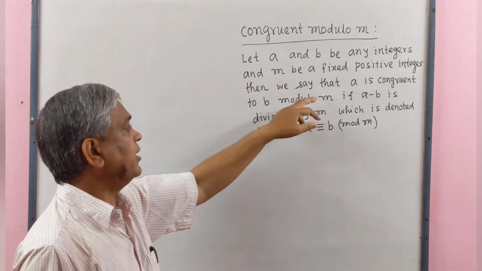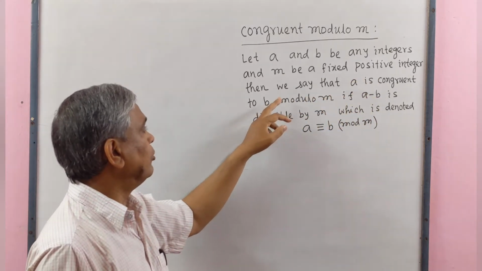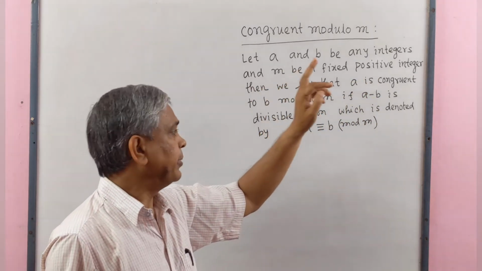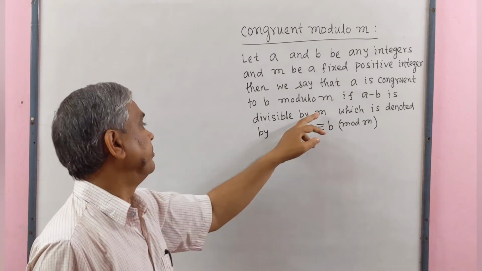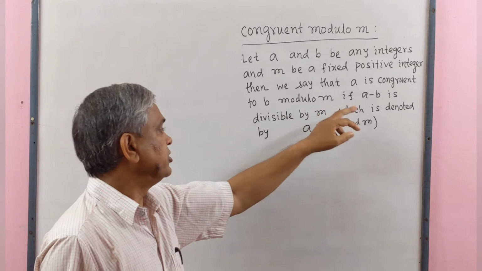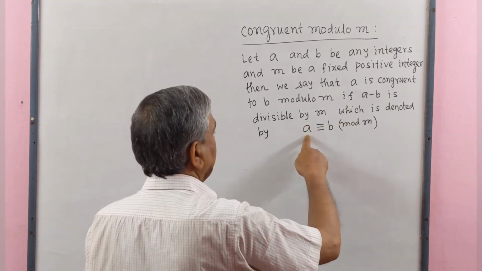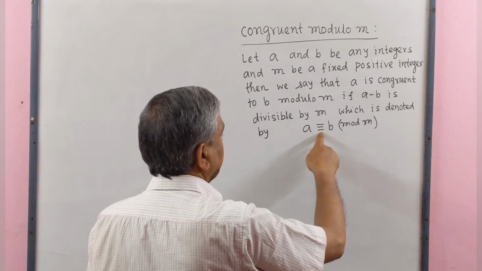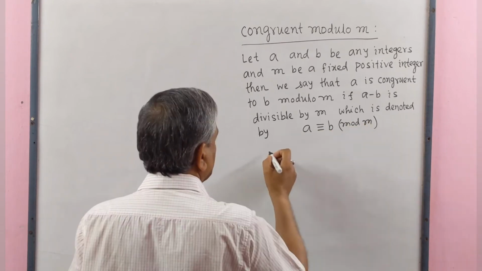Then we say that A is congruent to B modulo M if A minus B is divisible by M, which is denoted by symbol A congruent B modulo M.